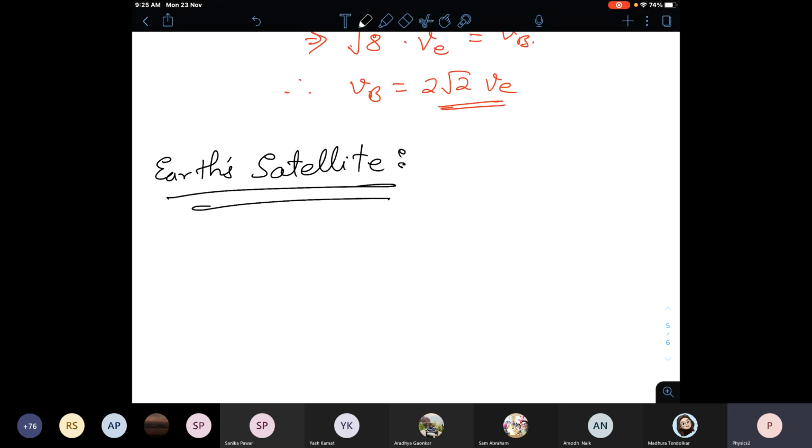Earth satellite. Initially I had asked what is a satellite. One of you had written it, but you deleted it. No problem, I will tell you what a satellite is because we don't have much time. A satellite is just an object orbiting a large planet.